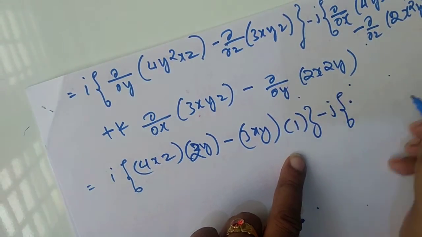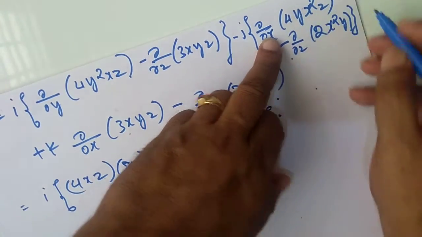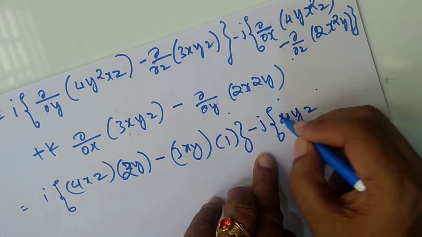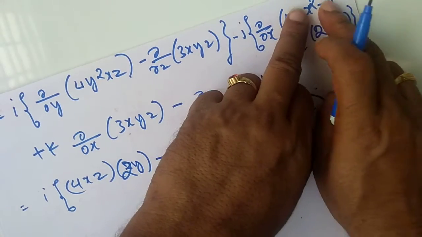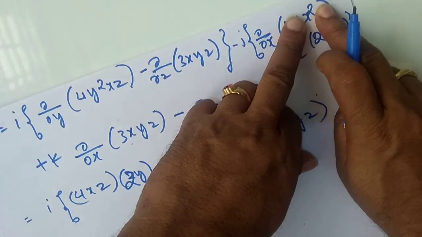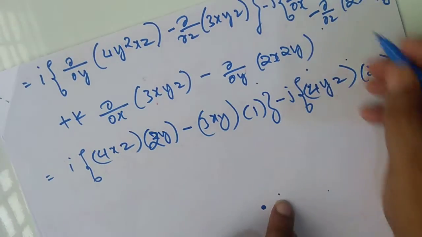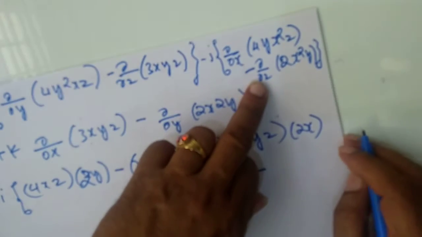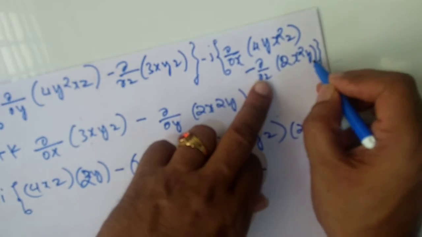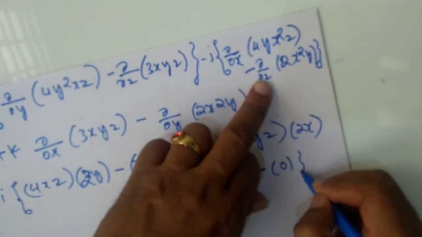Minus j into, with respect to x, 4yz is constant, what is remaining? x squared, differentiation 2x. Next, minus, with respect to z, 2xy both are constant, so therefore 0.